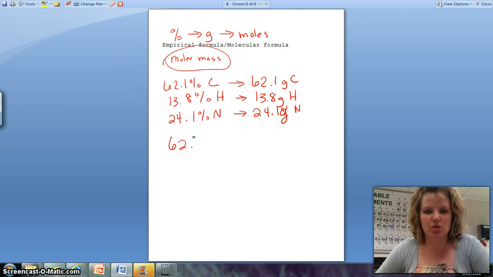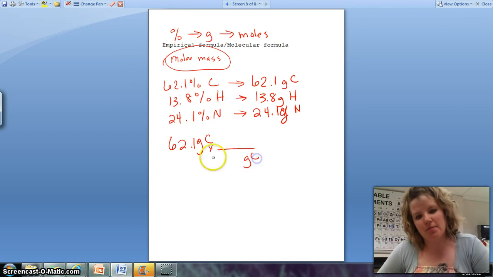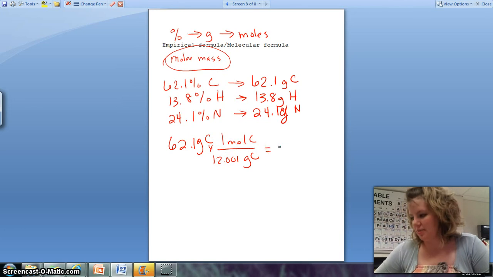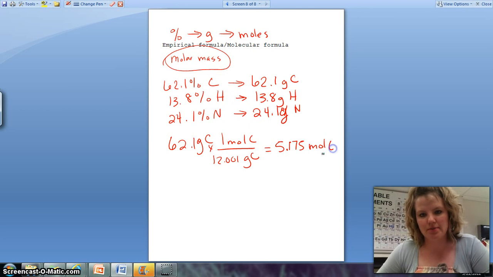So we take 62.1 grams of carbon, and we put grams of carbon on bottom, so we do 12.001 grams, 1 mole of carbon. So you take 62 divided by 12, and we get 5.175 moles of carbon.